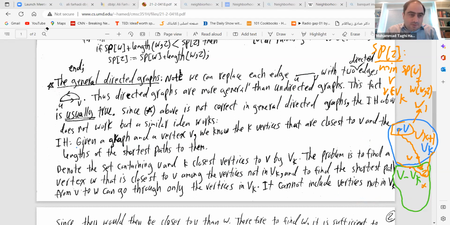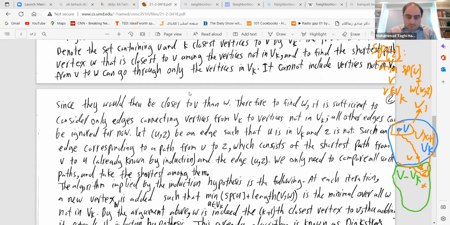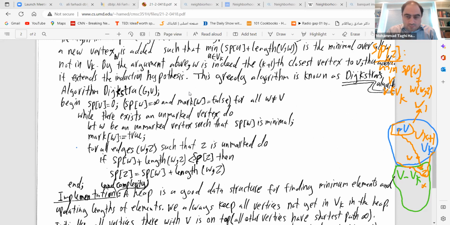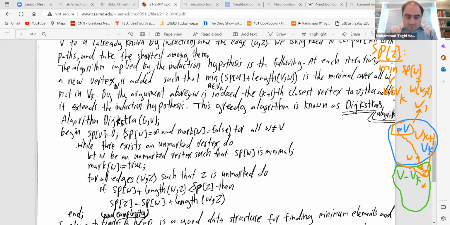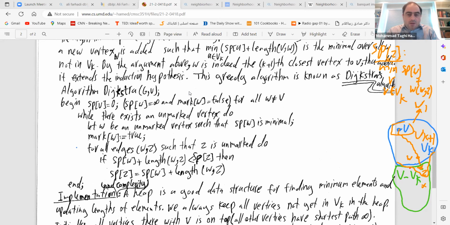Good. Yes. So this is the Dijkstra algorithm.